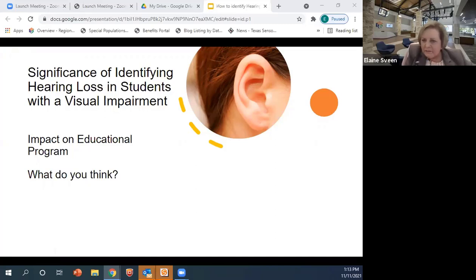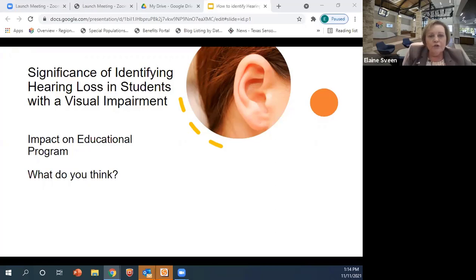I think that's Misty. Misty, could you explain that a little bit more? I understand. If coded VI, are your recommendations auditorily based?